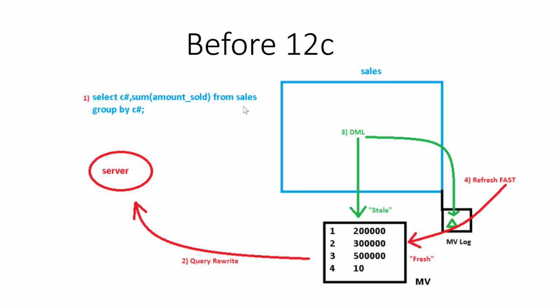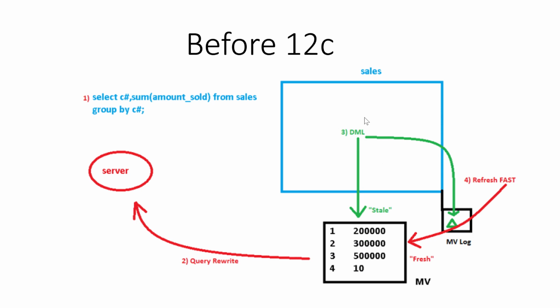We do an aggregation query here, and there is a materialized view in place that can be used to do a query rewrite, so that transparently for the select statement, the server process recognizes that there is a materialized view that can be used instead of having to do a full table scan on the large base table. So that is when the materialized view is fresh.